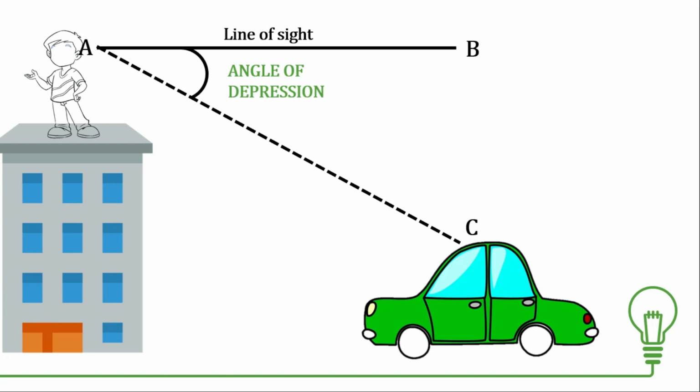Now, angles in those fields are measured in a very special way. We don't just measure them simply. We do not encounter negative angles when it comes to plane surveying and marine navigation. Instead, these are what they call bearings. So, what are bearings?